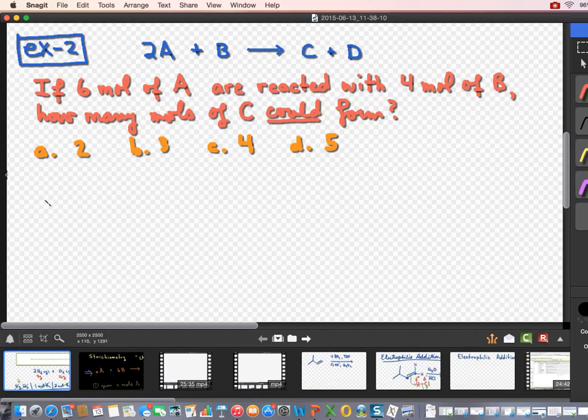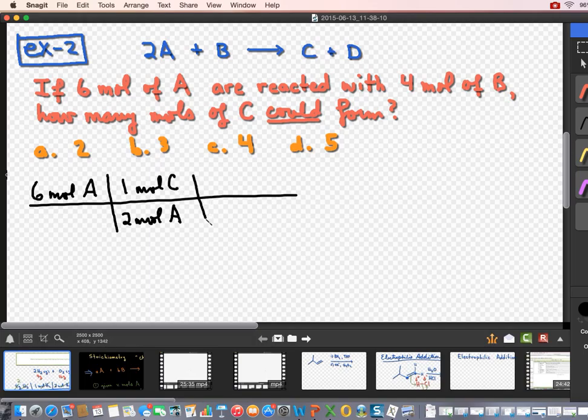So let's start with A. We have 6 moles of A, and we are required to react 2 moles of A to produce 1 mole of C. This is 3 moles of C. So let me go back to the same logical inference that I made in the previous problem. 3 moles represents the biggest that this answer can be.